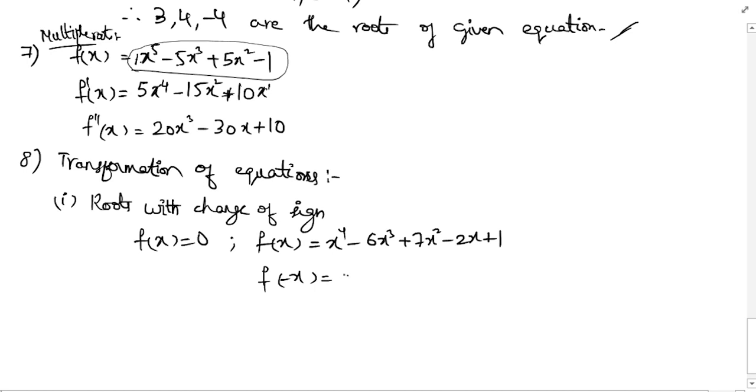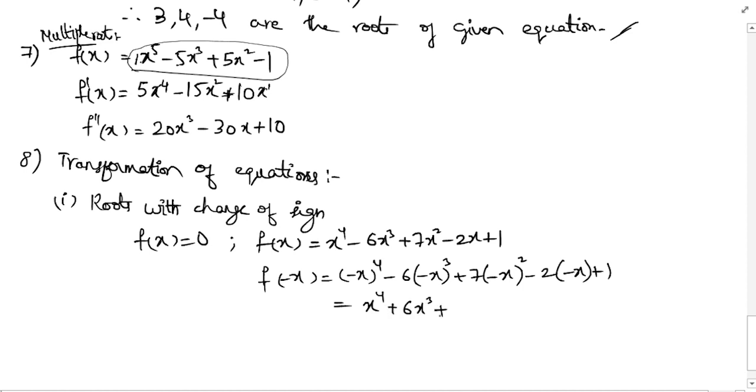So minus x whole power 4 minus 6 into minus x whole cube plus 7 into minus x whole square minus 2 into minus x plus 1, which will be equal to x power 4 plus 6x cube plus 7x square plus 2x plus 1. So f of minus x will be this. We have to just substitute minus x in the place of x.